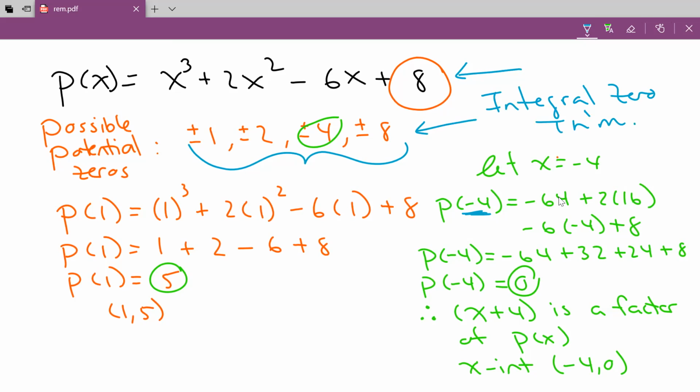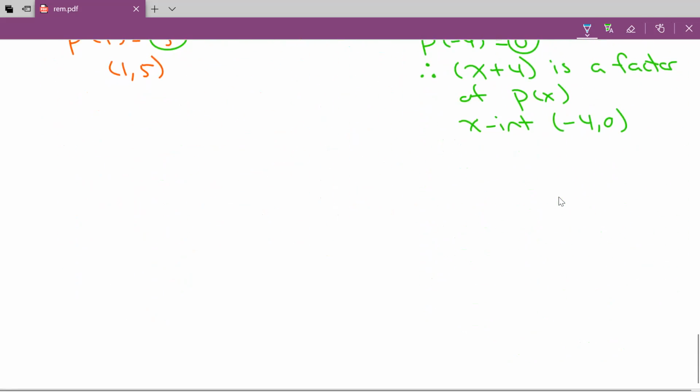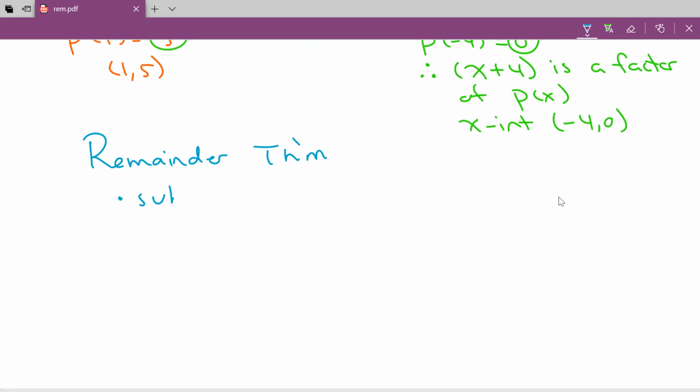All right. So, friends, that's it for the remainder theorem. The remainder theorem simply says sub in a value for x. For some reason, when you're looking at this theorem, they usually say, let's make that value a.